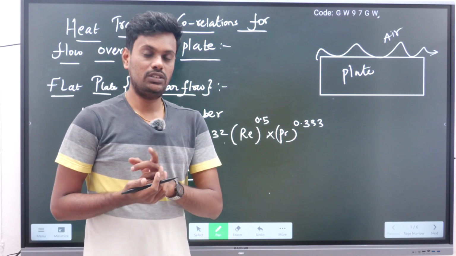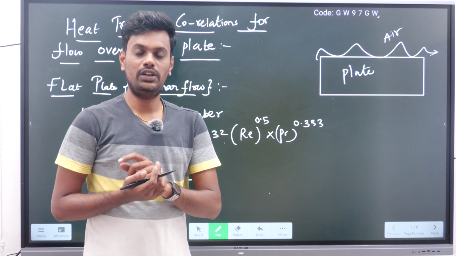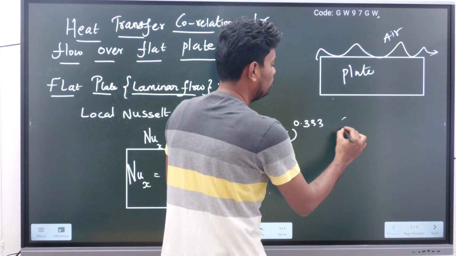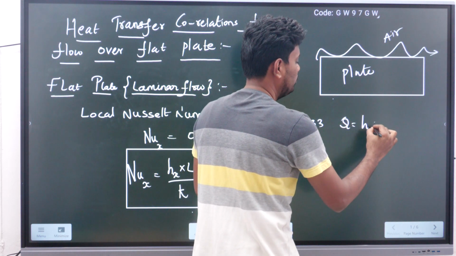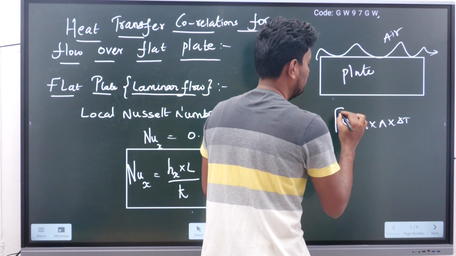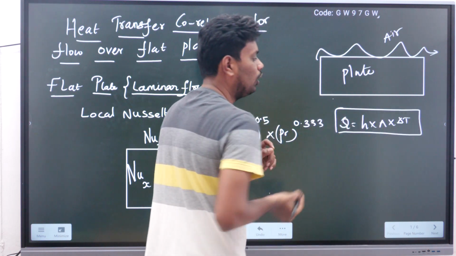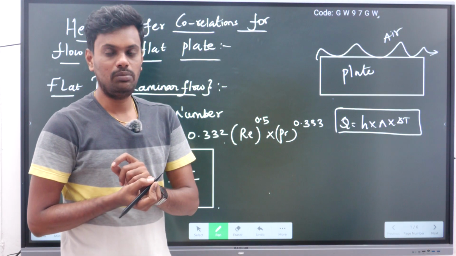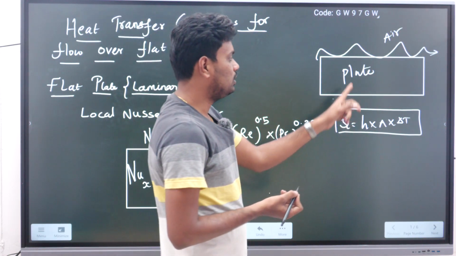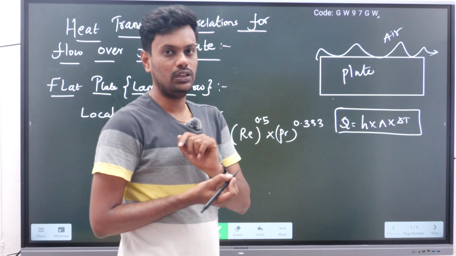We have studied Newton's law of cooling, that is Q equal to h into A into delta T. Here, what is meant by h? The heat transfer coefficient. So this h is the main important thing in convection.